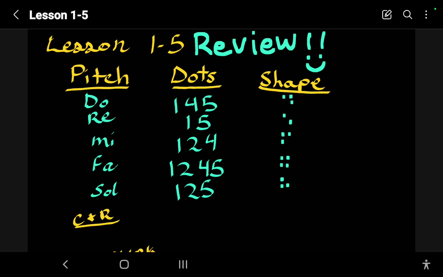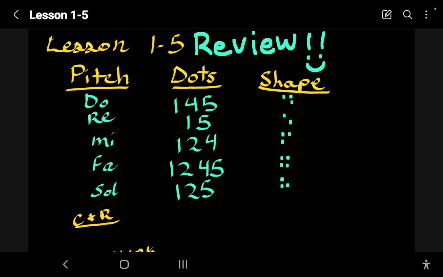Answer 1, 2, 4, 5. Do. Answer 1, 4, 5. Mi. Answer 1, 2, 4. Sol. Answer 1, 2, 5. Fa. Answer 1, 2, 4, 5. Re. Answer 1, 5. Mi. Answer 1, 2, 4.